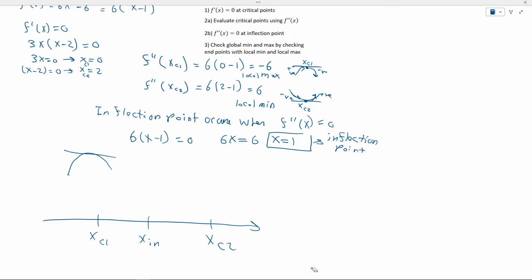And then you connect them, and that's where I have my inflection point. So this is my max, min, and inflection.